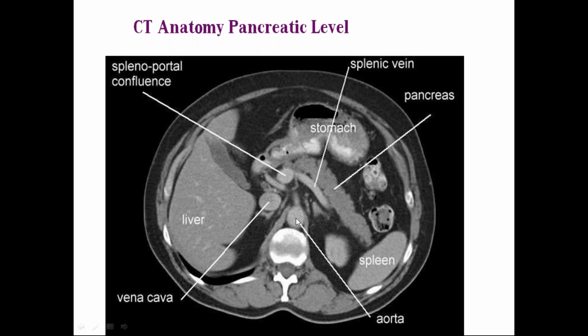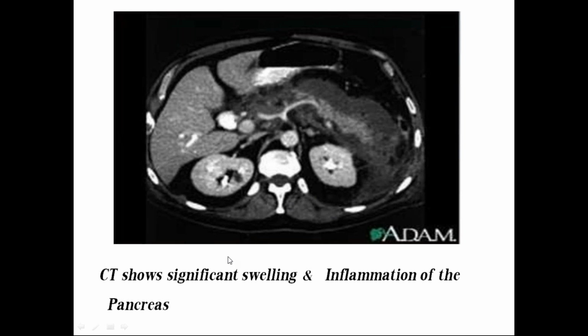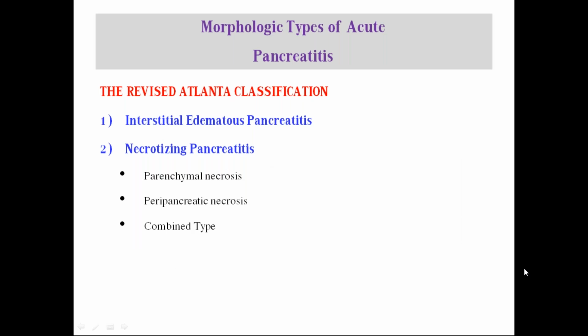Here are the aorta, inferior vena cava, the splenic vein combining with the superior mesenteric vein to form the portal vein, and the dilated pancreas. CT scan findings include significant swelling and inflammation of the pancreas.